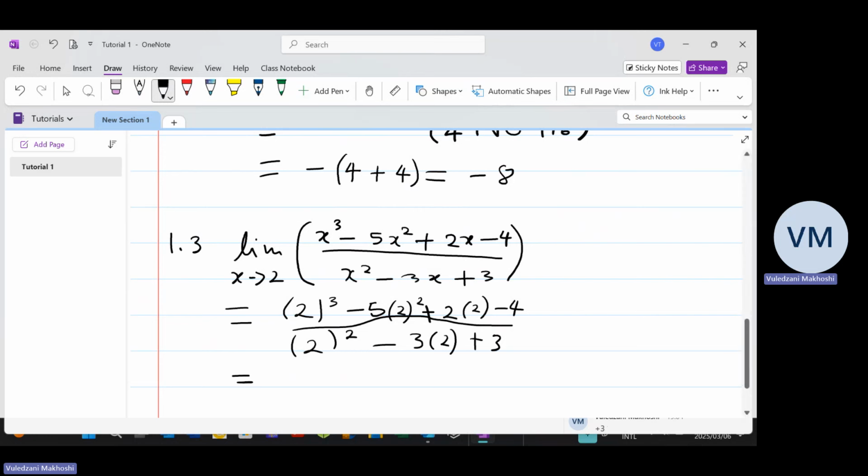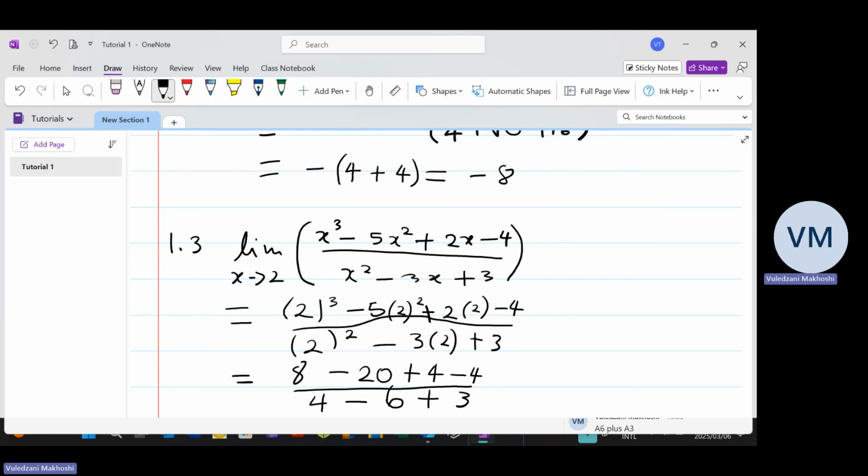This is equal to 2 to the power 3 is 8 minus 2 squared is a 4. 4 times 5 is a 20 plus a 4 minus a 4. Divide this by a 4 minus a 6 plus a 3.